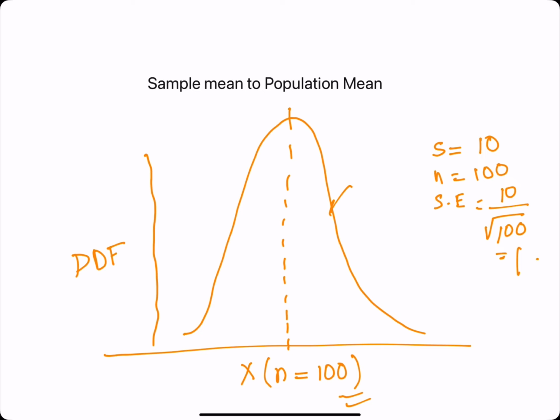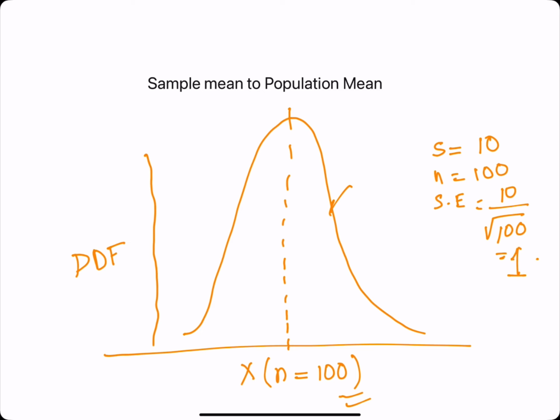Since our sample size is greater than 30, we can safely approximate that the sampling distribution is normal, as I just said. Thus the sampling distribution can be modeled as a normal distribution with an unknown mean mu and a standard error of 1.